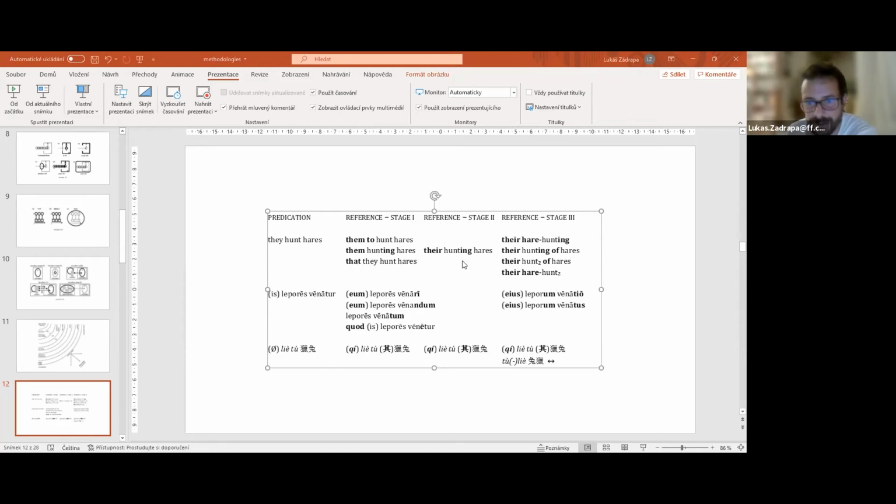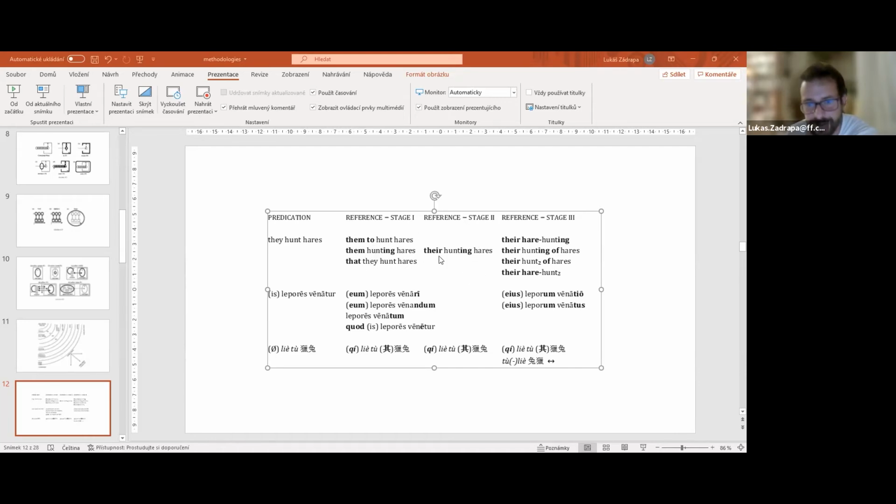The next stage is where the agent is in the dative, them to hunt hares or them hunting hares, and is not coded as possessor. So it still looks like a verbal form, to hunt, them hunting.